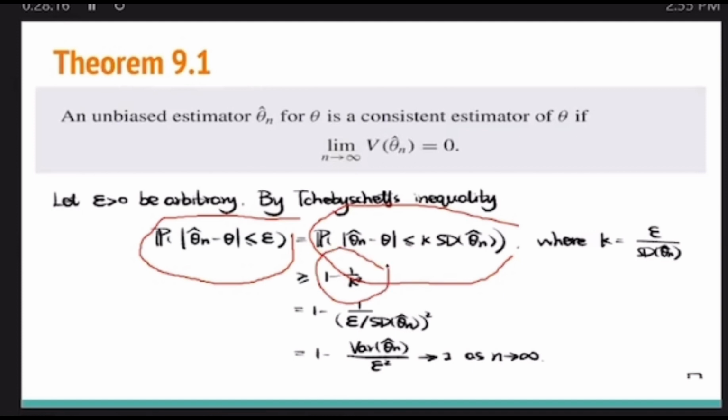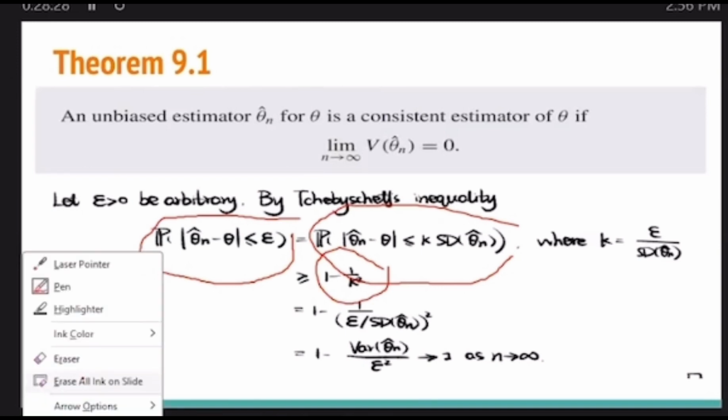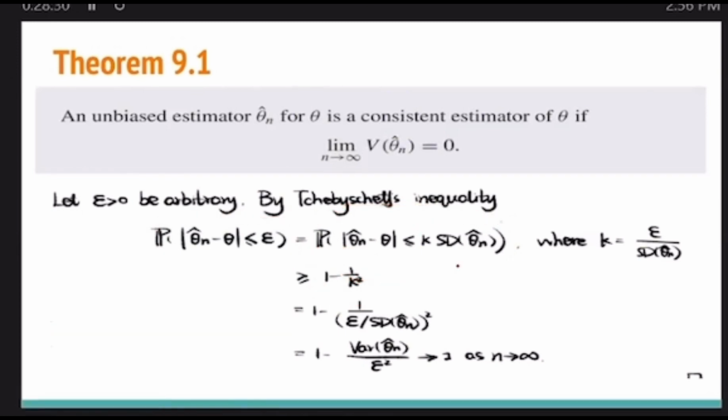You see that guy? 1 minus 1 over k squared. Then in that situation, I need to figure out my k. What is going to be my k? If this guy here is actually equal to epsilon, what is my k? Then k will be equal to epsilon over the standard deviation.